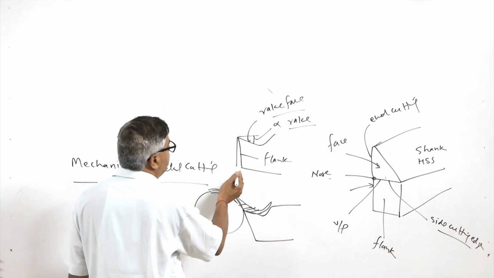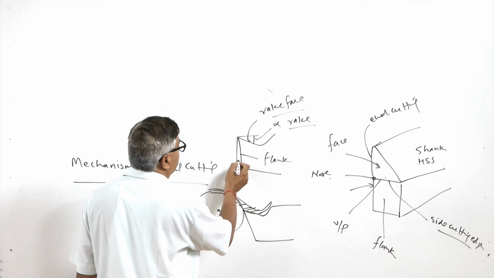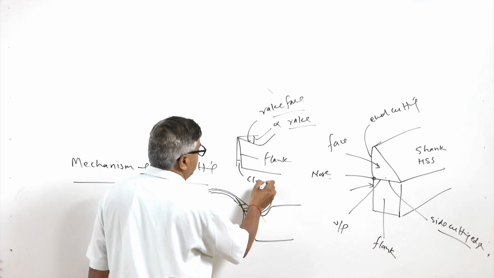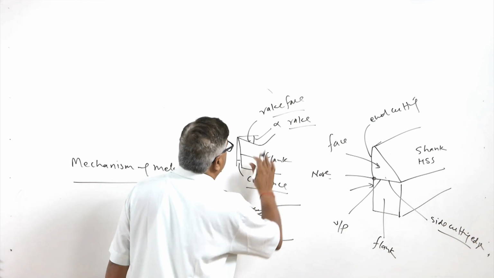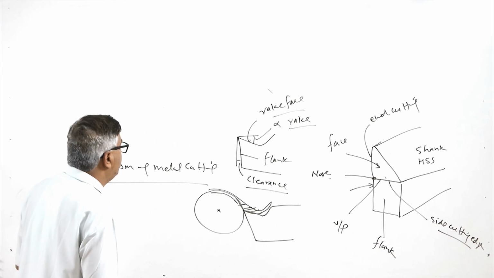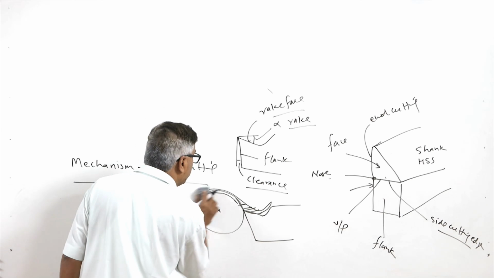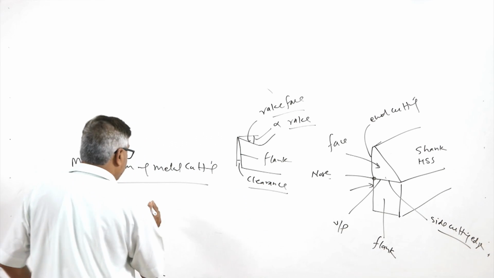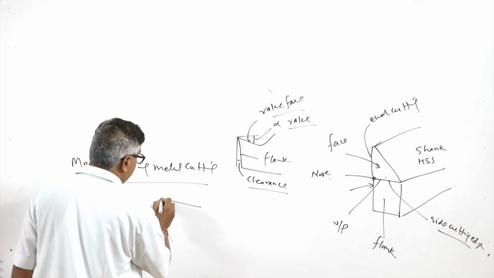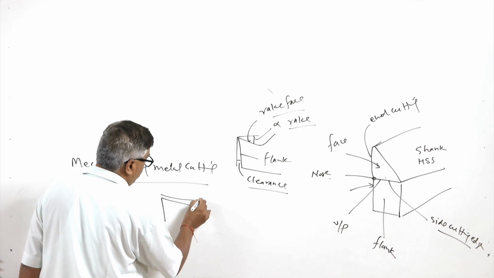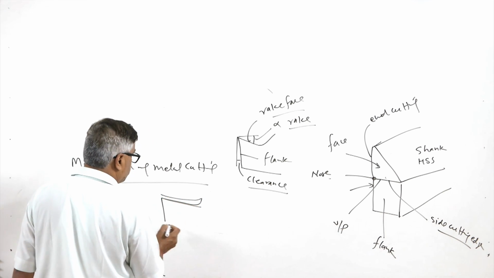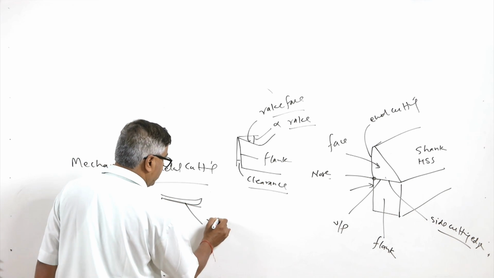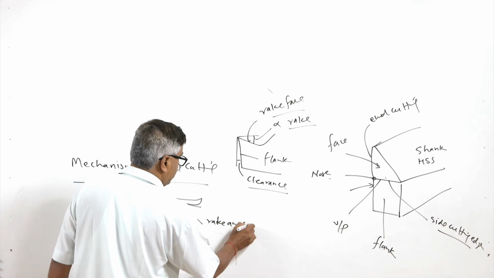With respect to the vertical plane, the flank is slightly inclined, and this angle is called the clearance or relief angle. This is the simplified form of the orthogonal cutting situation, wherein the rake angle, which is sloping down, facilitates the flow of the chips over the face of the tool.